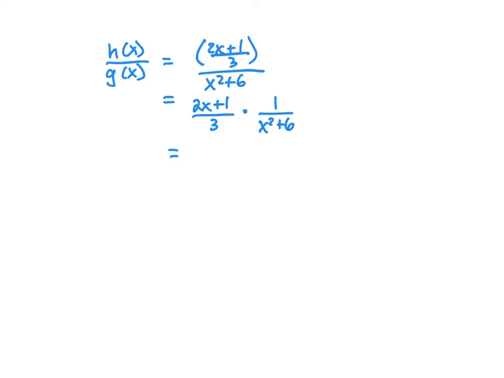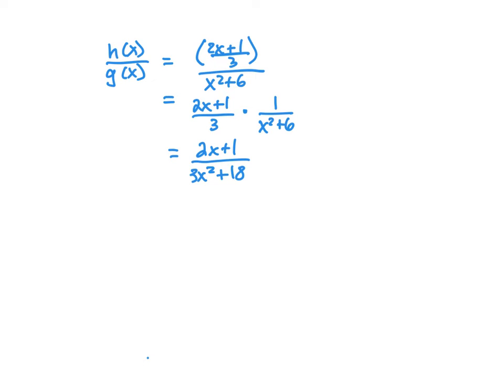So 2x plus 1 times 1 gives me 2x plus 1. And then the bottom, same thing, 3 times x squared plus 6, which gives me 3x squared plus 18.